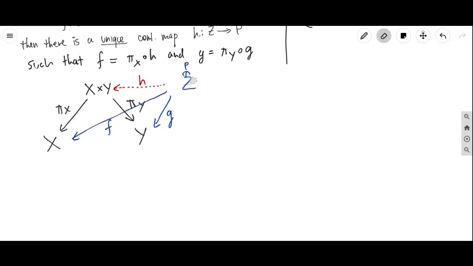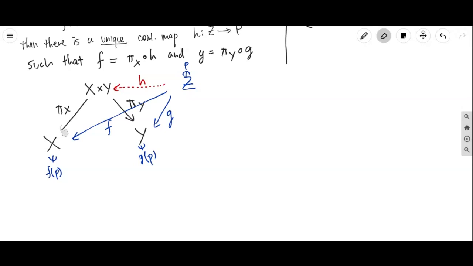So let's see what happens with Z. We have this blue arrow, F, which is going to take that point and send it to F of P. So F applied to P is an element of X, and G is going to take P and send it to G of P. So we have F of P, we have G of P, and then what is therefore the correct element in here? So what's the correct element? We have this projection map, right?